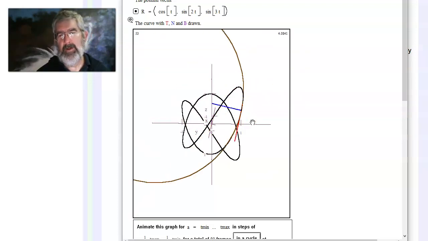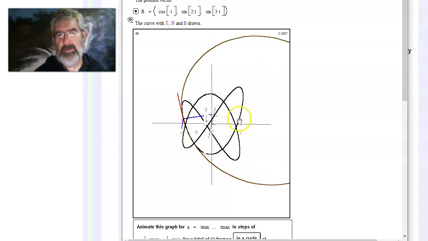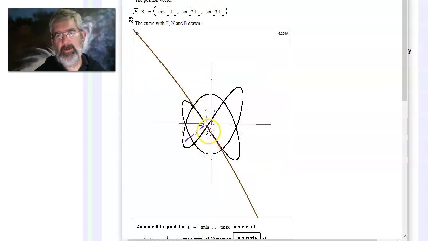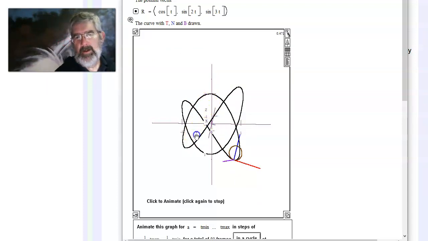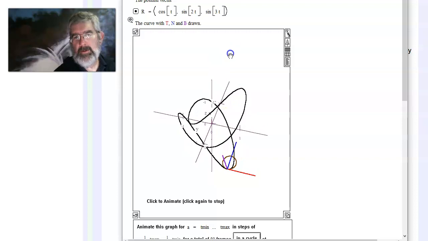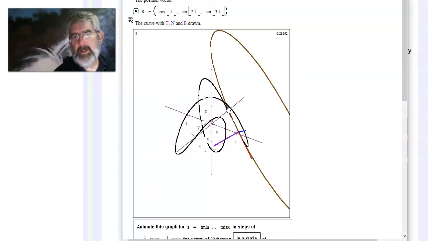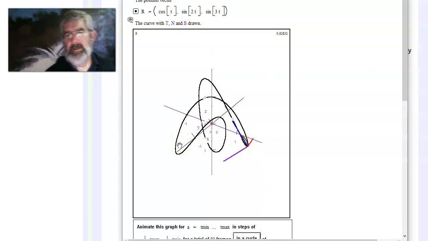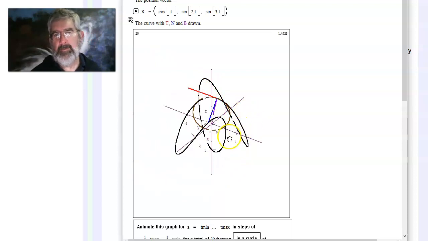You can see on those tight corners the circle gets really small, but when it's moving through these straighter sections, the circle gets really large because it's a very small curvature, and so it's a very large radius of curvature. I was thinking about this point right out here where it was really big like that. Small curvature, big radius of curvature, so the osculating circle is large.